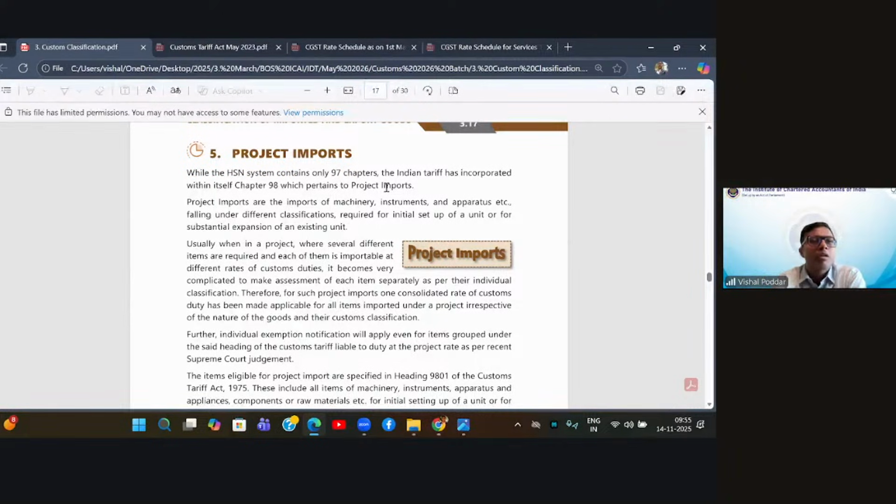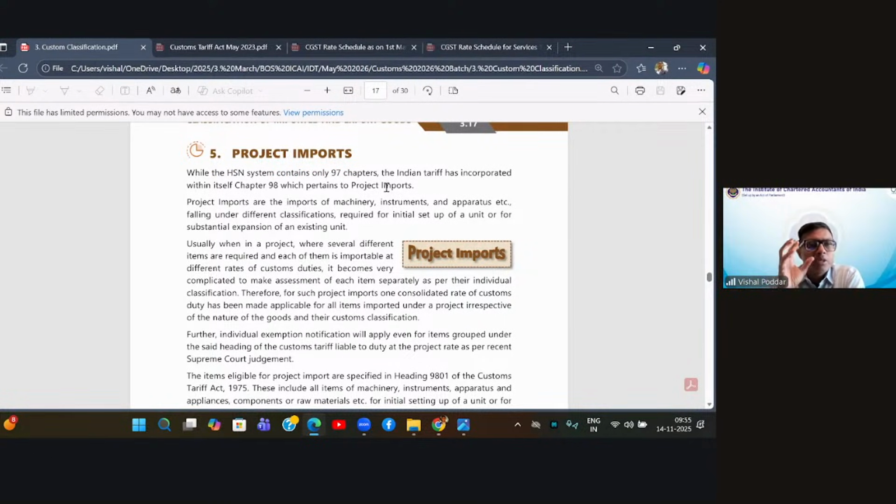Again, for creating that launch pad, I will require different parts coming from different countries. But all the parts will ultimately be used for one thing, creating that satellite launch pad. When you are importing multiple items, maybe from multiple countries, but the ultimate purpose is one single project, you call it project imports.